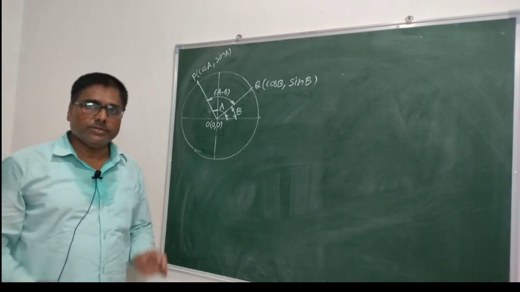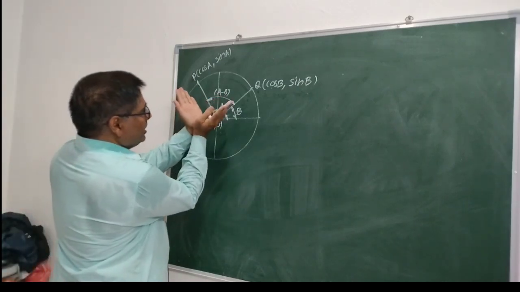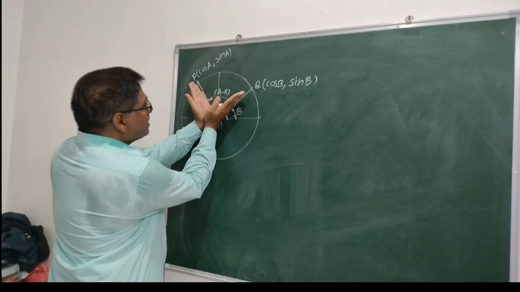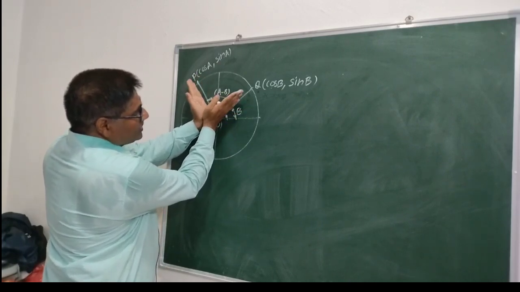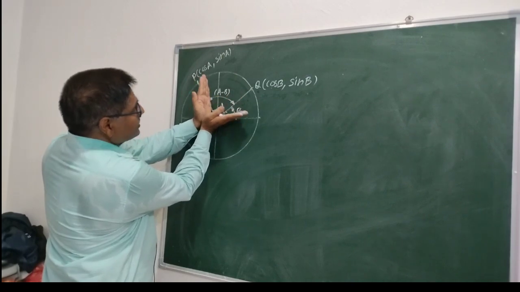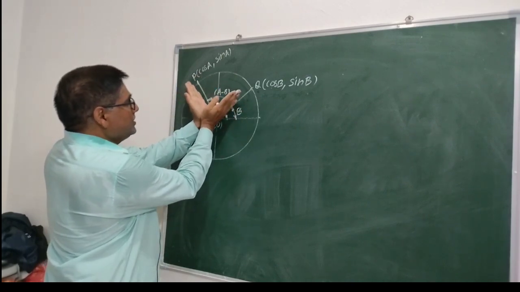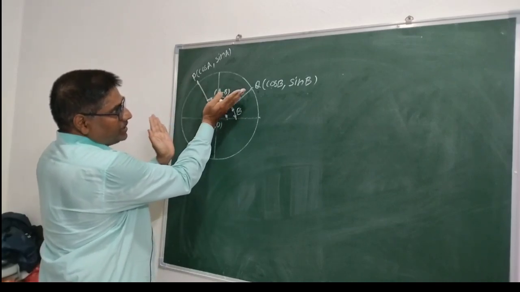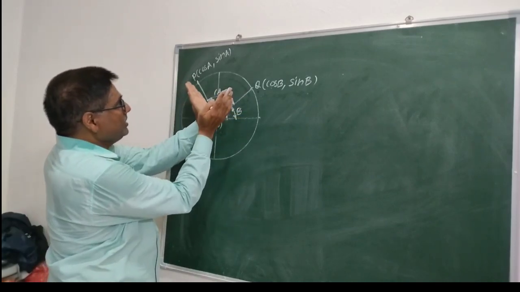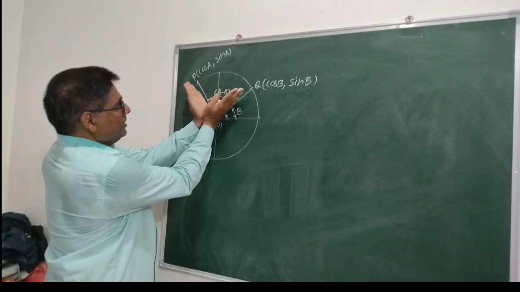Now after this, what we will do, we will rotate this entire part in clockwise direction such that this line will fall on the x-axis. See, this line segment is falling on the x-axis, and this will come somewhere here. See, we are rotating.